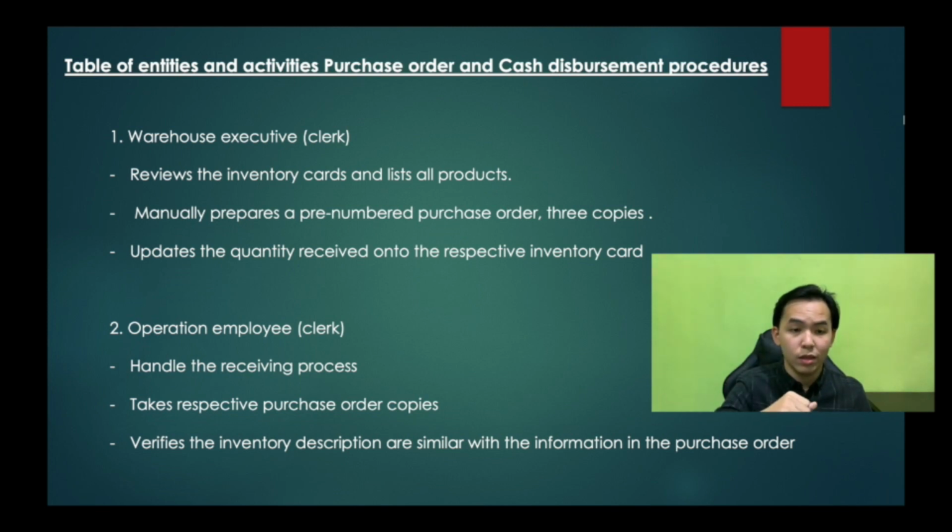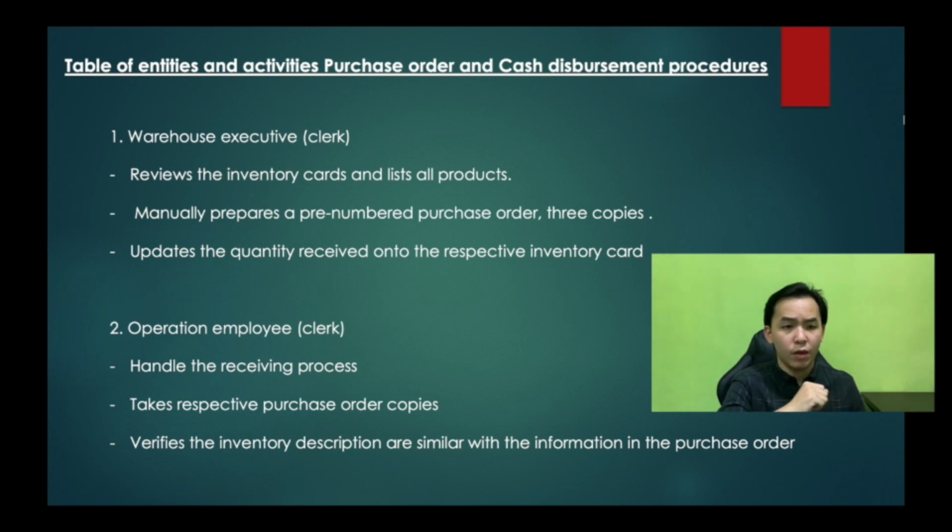The activities are: reviews the inventory cards and lists all products; second, manually prepares a pre-numbered purchase order as much as 3 copies; third, updates the quantity received onto the respective inventory card.